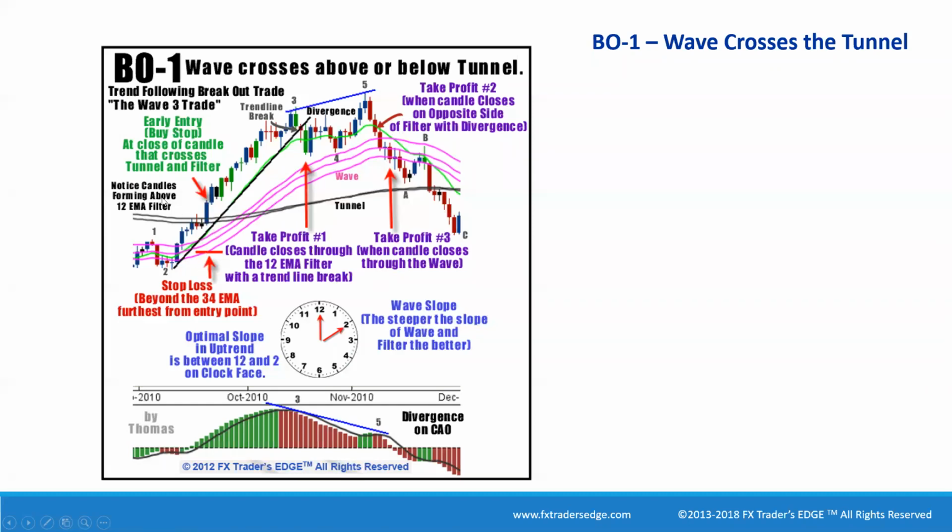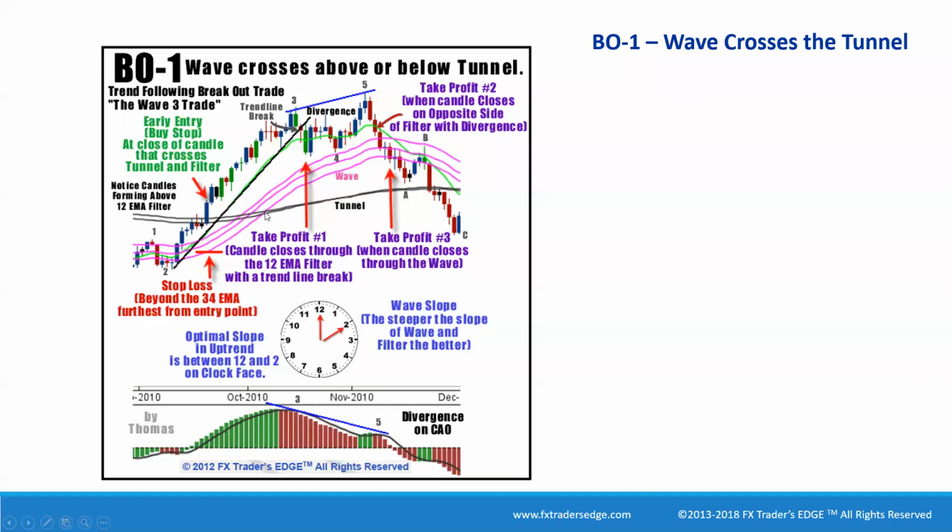Okay, so notice candles are forming above the 12 EMA filter. Price will cross the tunnel first, then the filter, and then the wave. Always, price always moves first, right? So that's the difference between early entry and later entry on a breakout 1 trade.